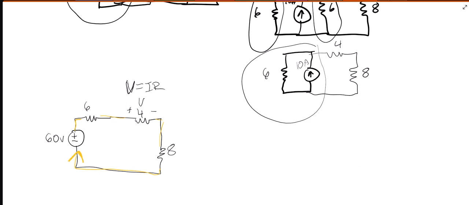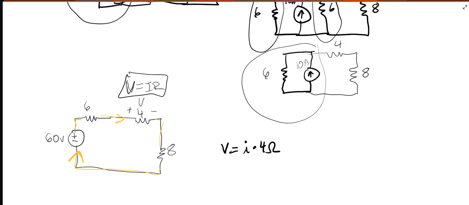And because my current is running through the resistor the way that it's drawn, going into the positive side and coming out of the minus side, that means that it is in the correct orientation for me to say that V equals IR for that resistor. So the V that I'm looking for in my problem will be whatever my current is times 4 ohms.